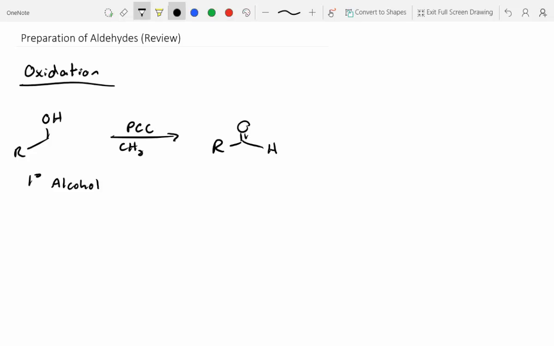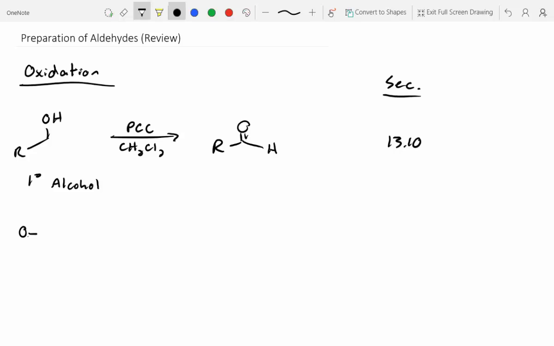Oftentimes this is done in dichloromethane as your solvent. If you're a little bit rusty on this, I'll put down the section number that we covered this in. This was covered in section 13.10, so that was last term. So the only way we can prepare an aldehyde through oxidation is with primary alcohols, at least right now.